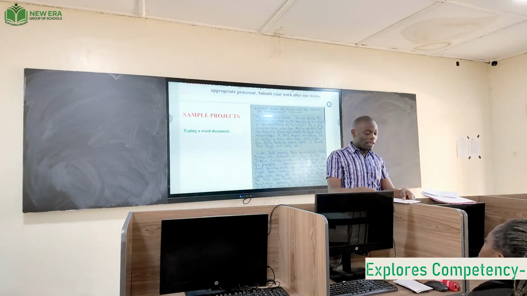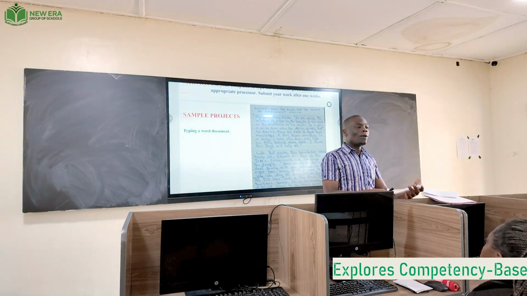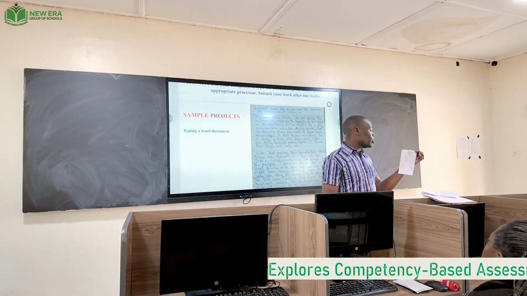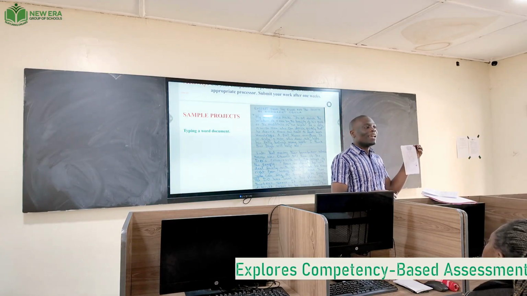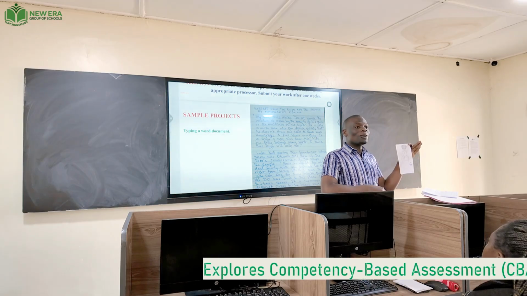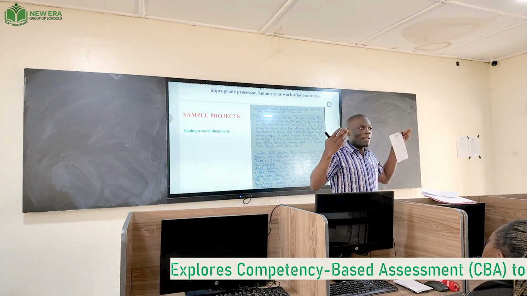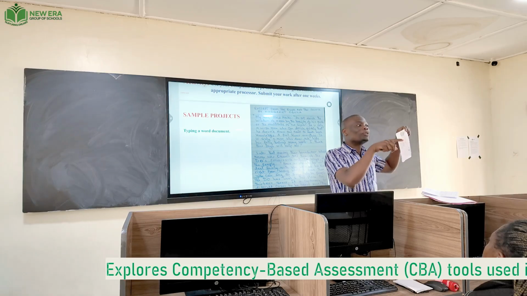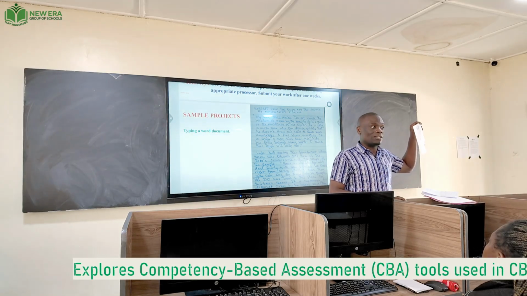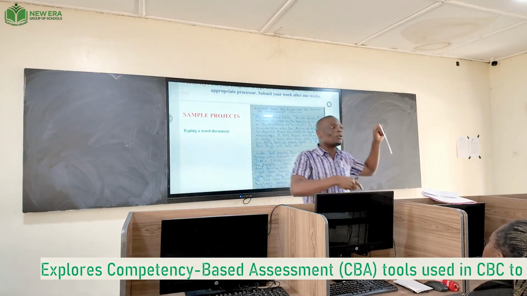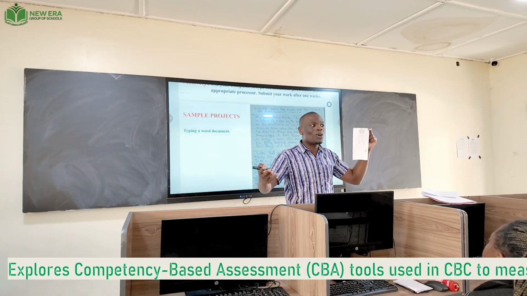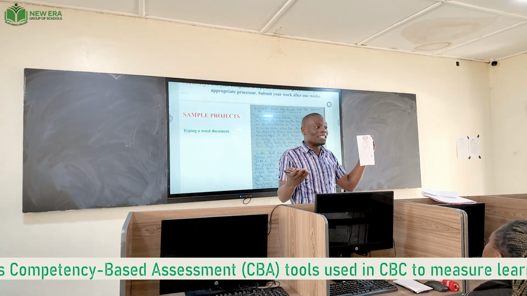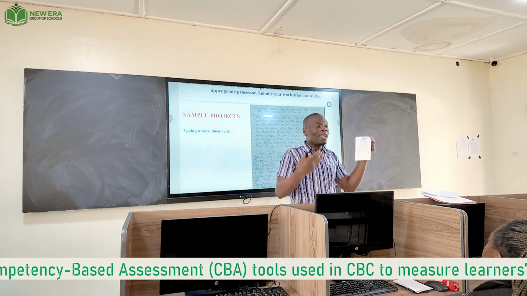That one you will categorize in the observation schedule, because the learner was not told, but it just came out. But at the end of the day, you will also put it in the anecdotal record, because he was not guided to do so, but he just came out and displayed the art of drawing by herself.